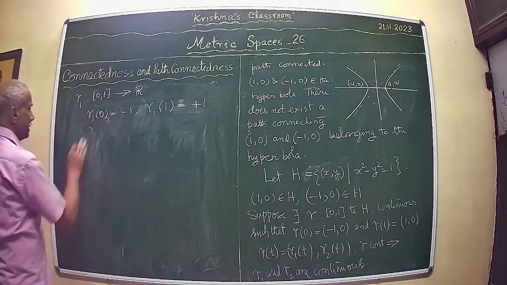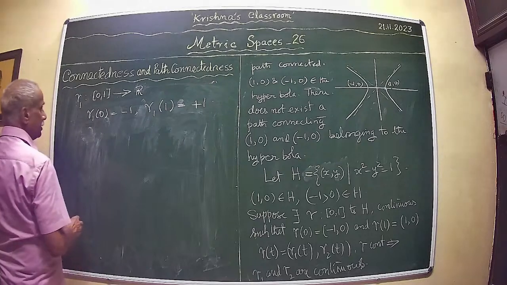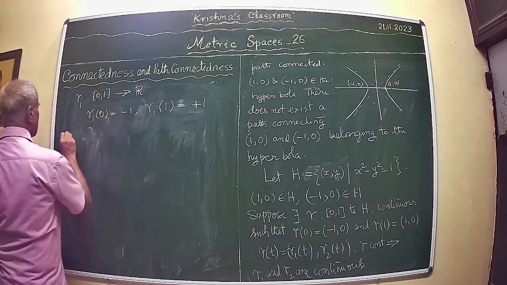So gamma 1 is a map. Therefore, you see gamma 1 is continuous.